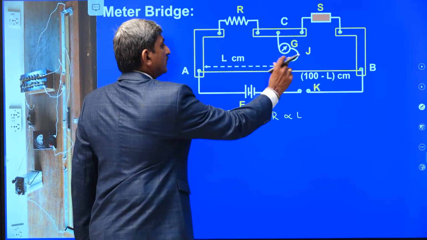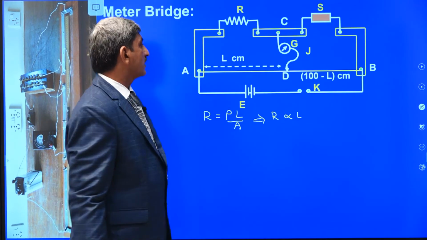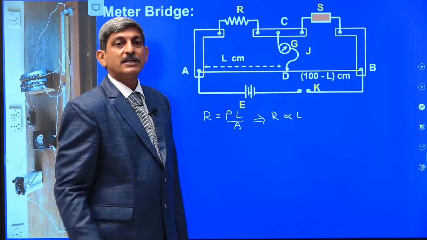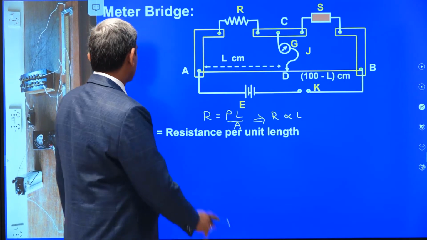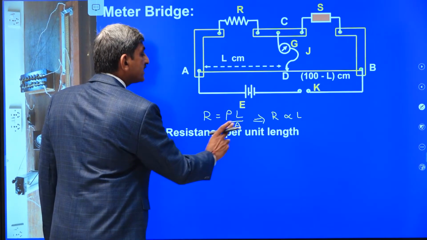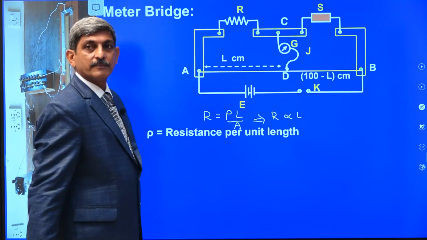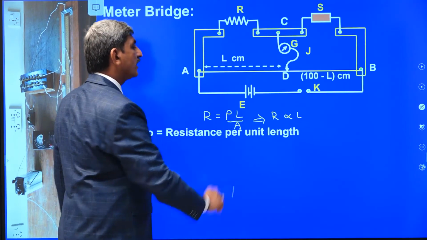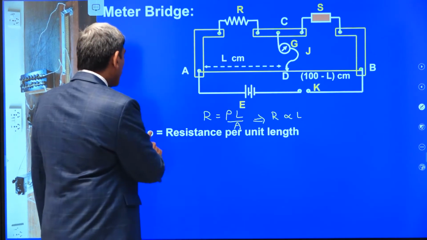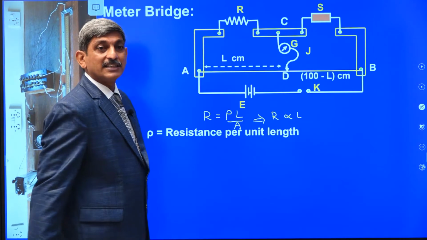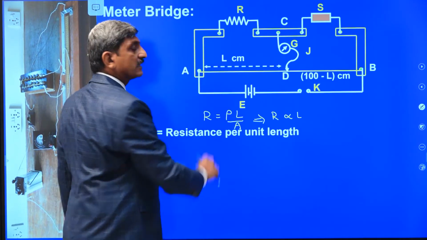Now, to write down the resistance values of that AD portion and DB portion, let us consider that rho is the resistance per 1 unit length. If rho is the resistance per 1 unit length, then what is the resistance per L length?